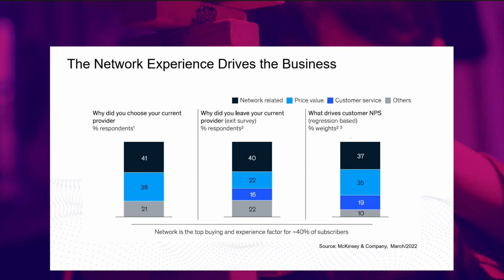You can also note from this study that price is, of course, very important, but it's not the driving factor. It is the network that is the most important thing to focus on.